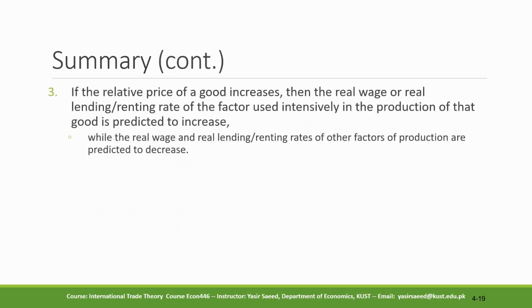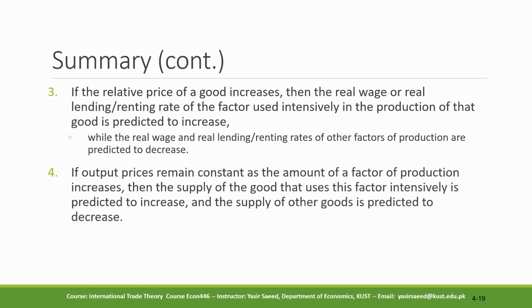Then if the relative price of a good increases, the real wage or real lending or renting rate of the factor used intensively in the production of the good is predicted to increase, while the real wage and real lending rate of other factors of production are predicted to decrease.